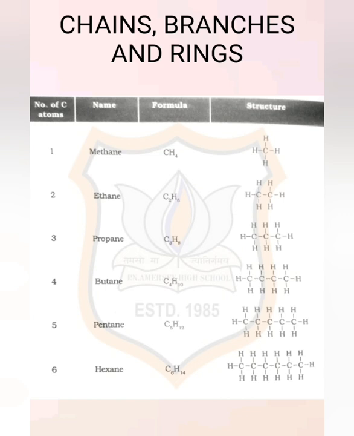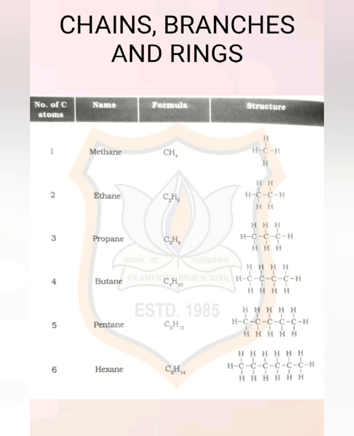The very first name is methane. The formula is CH4. Here only one carbon atom is there, and all the four valencies of carbon are occupied by the 4 hydrogens. Then the next name is ethane, the formula is C2H6.